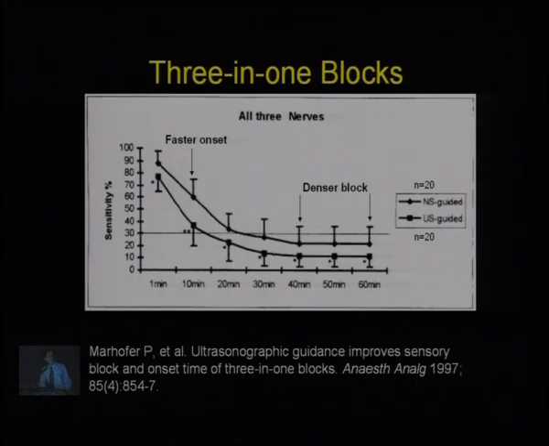But there are a few randomized controlled studies. One of them is the ultrasound guidance to do the 3-in-1 nerve block, the femoral nerve block. So the investigator compared ultrasound-guided versus nerve stimulator-guided. And this is one of the results. So they found, using ultrasound-guided 3-in-1 nerve block, the onset, which is defined as the onset of surgical anesthesia, a 70% decrease in sensitivity.